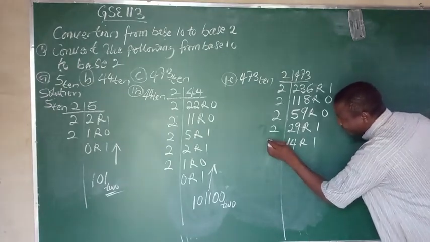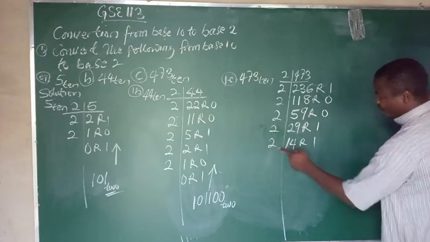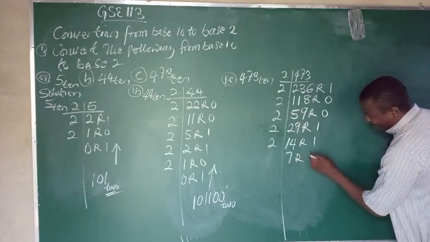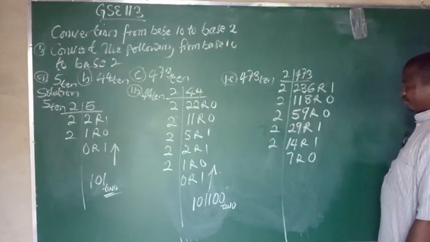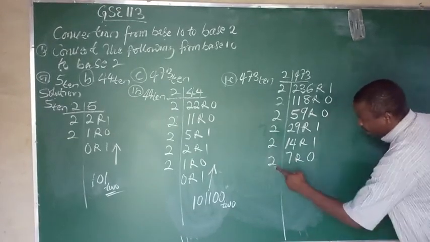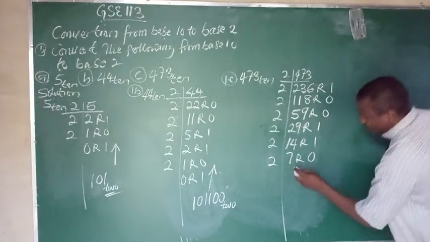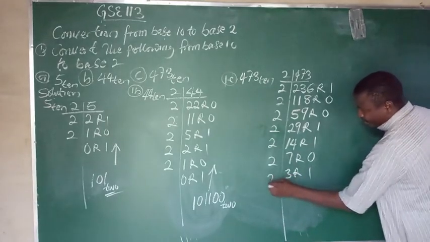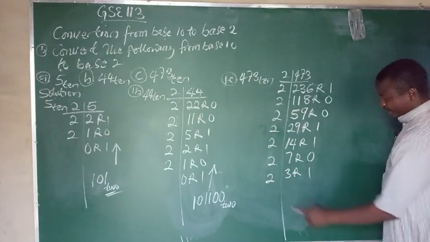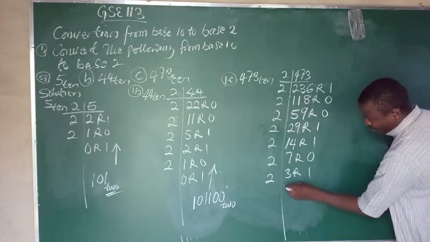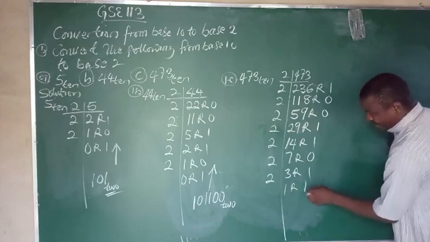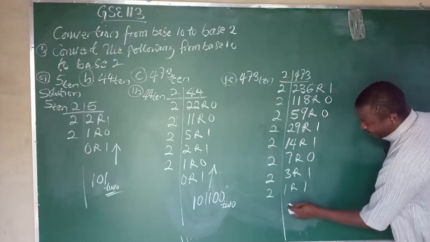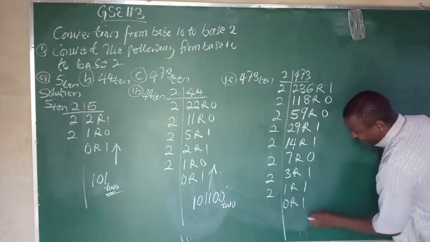And the next stage is by 2 again. 2 into 14, it will go 7 times, remainder 0. 2 also into 7, it will go 3 times, remainder 1. 2 also into 3, it will go 1, remainder 1. Then 2 into 1 is not possible, therefore 0, remainder 1.